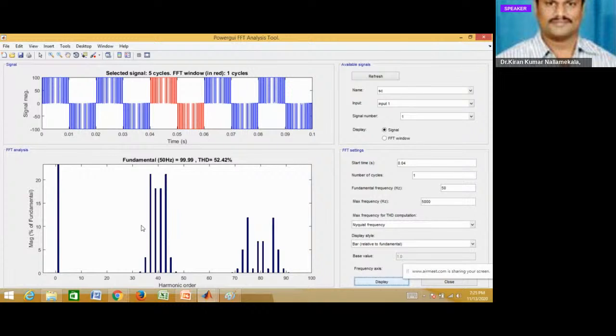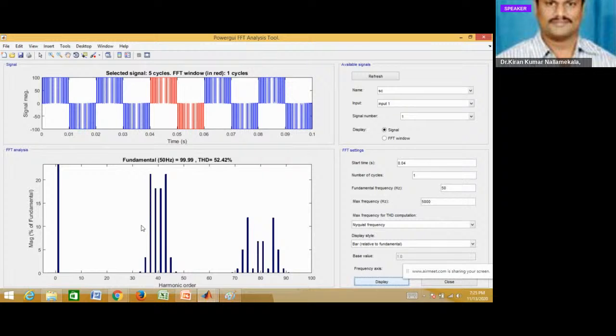In harmonic cancellation, if you want to eliminate the harmonics, we use a bulk size inductor and bulk size capacitor to filter them out, but here without using any external component, by just changing the logic, we are cancelling the harmonics. That is the beauty of the pulse width modulation technique in multi-level inverters.